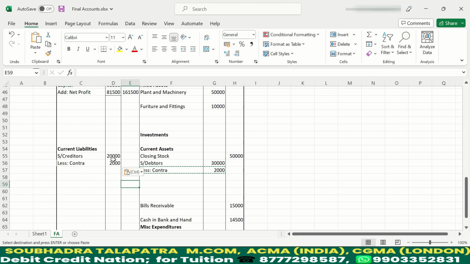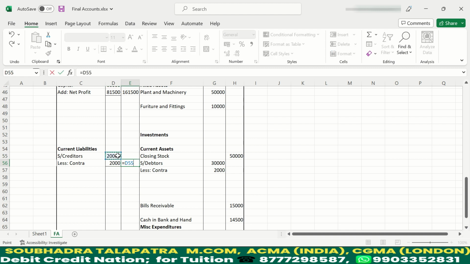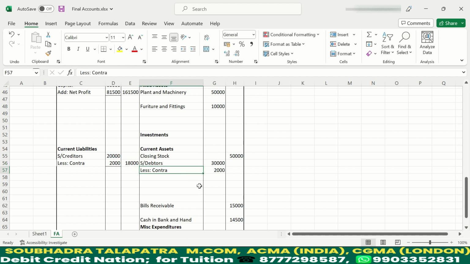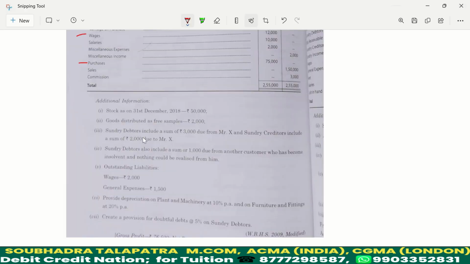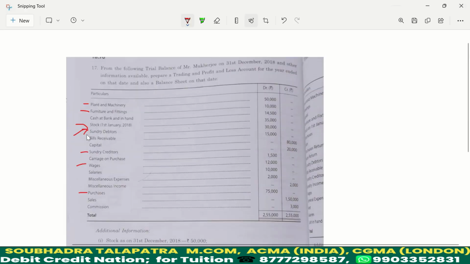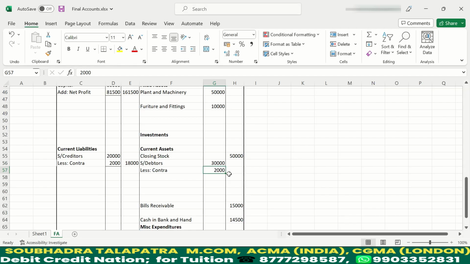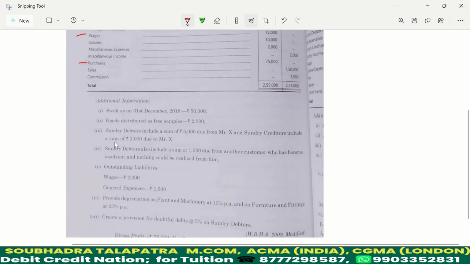Since creditors don't have any other entry, I'm going to close creditors here, and I'll put the balance: 20,000 minus 2000 is 18,000. But customers still have three adjustments, and one is done only. So I'll not put the balance in the outer column. I will wait. So this adjustment is done.